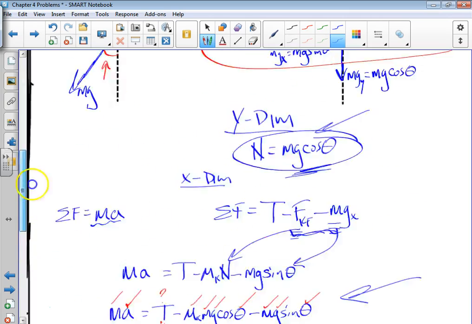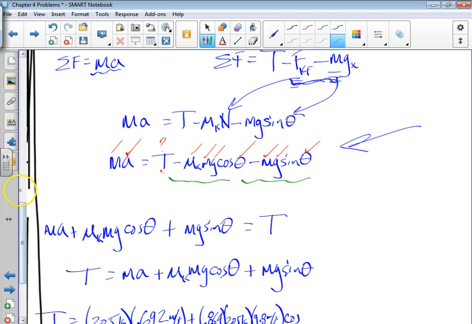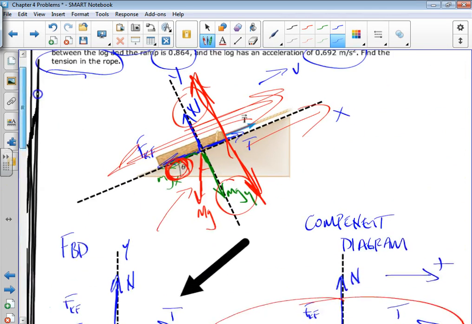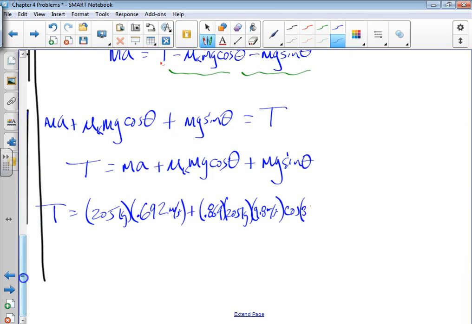Plus mu, which is 0.864, no units, times 205 kilograms, times 9.8 meters per second squared, times the cosine of 34.6. Plus m, 205 kilograms, times g, 9.8 meters per second squared, times the sine of 34.6.